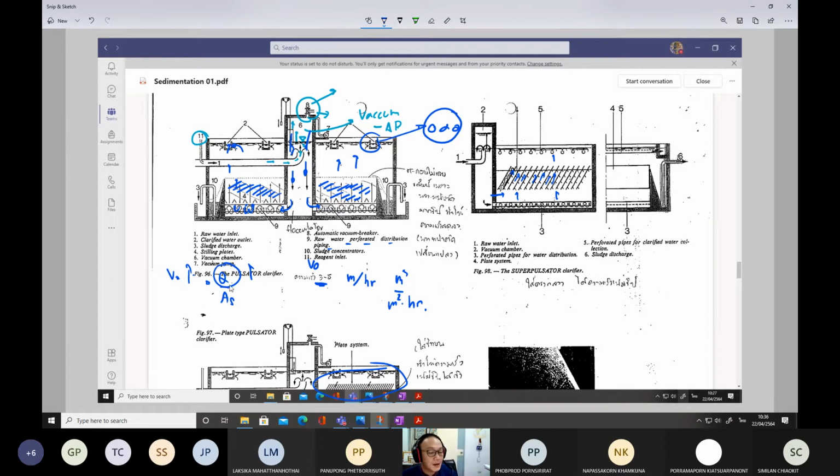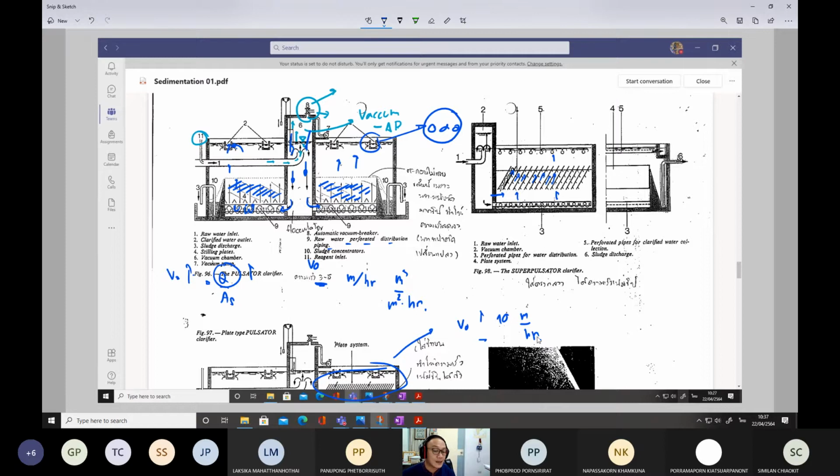Or we can keep the same flow rate but change the operational mode, for example, installing the inclined plate. With this one, we could make the surface overflow rate up to 10 meters per hour. But with this one, we can process only up to 5 meters per hour.